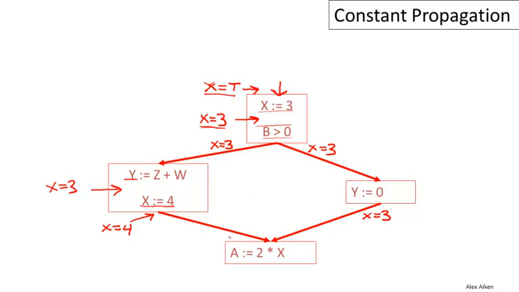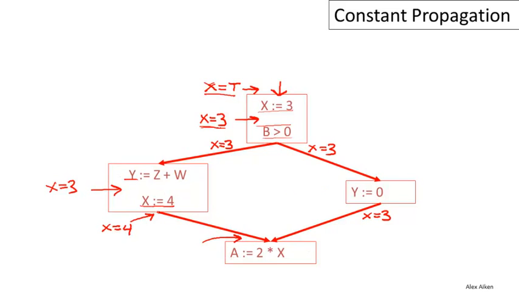All right, now what do we know then about what happens before this statement? Okay, the a equals 2 times x. And I just want to point out here, I said that there's a program point before and after every statement. And so this program point here, which is before this assignment to a, is different from the program points that are after x is equal to 4 and y is equal to 0.